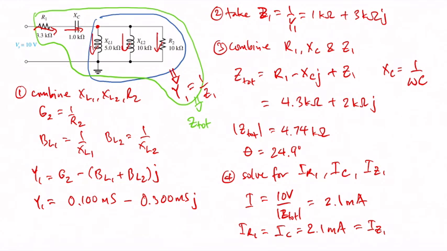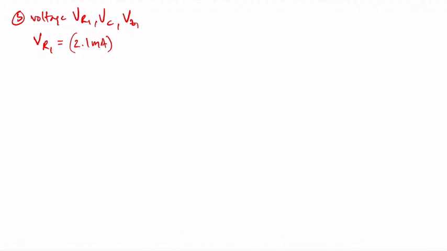So what about voltages? Voltages across R1, XC, and Z1. So VR1, VC, and VZ1. The voltage across R1 is just equal to the current that we have computed times the resistance, which is 3.3 kilo ohms, and that gives us 6.96 volts. The voltage across the capacitor is 2.1 milliamperes times 1 kilo ohm.